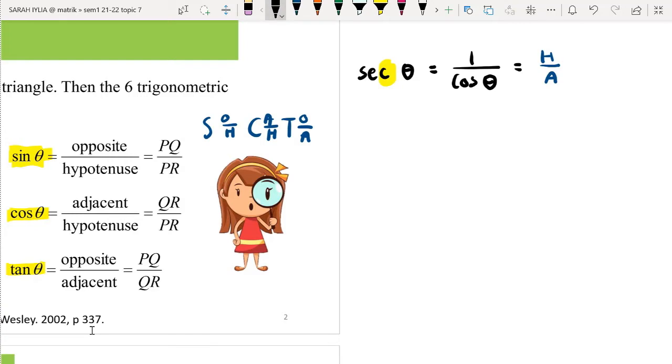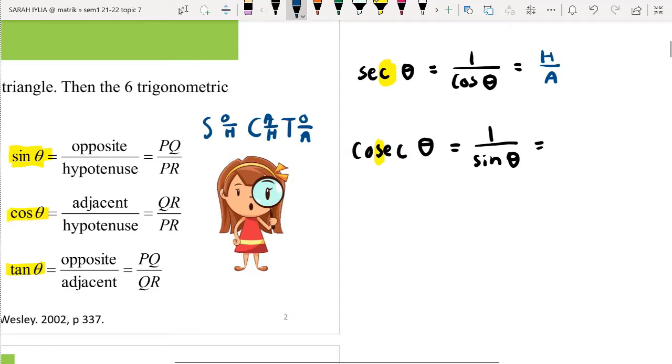The next function is cosecant theta. The third letter is S, which means it equals 1 over sine theta, so it is hypotenuse divided by opposite. The last extended function is cotangent theta.